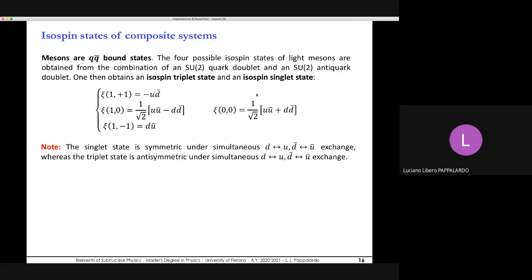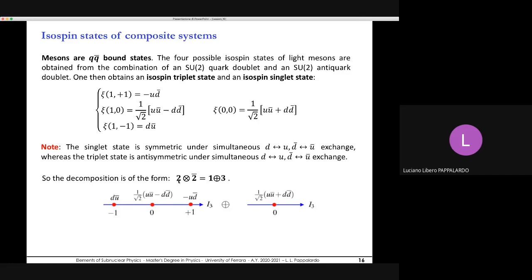In this case, the singlet state is symmetric under exchange of d versus u and d bar versus u bar, as you can see here, whereas the 3 triplet states are antisymmetric under the simultaneous exchange of d versus u and d bar versus u bar. So the symmetry is opposite to the one that we have seen for a system of up and down quarks.